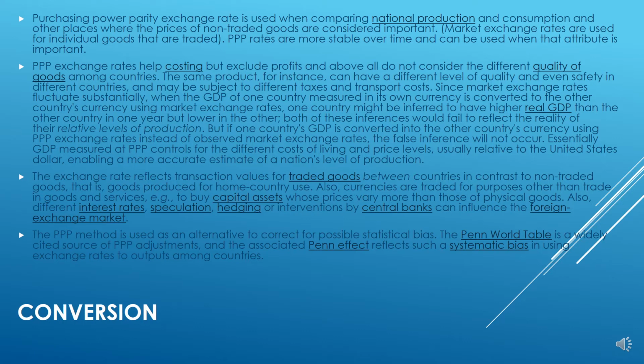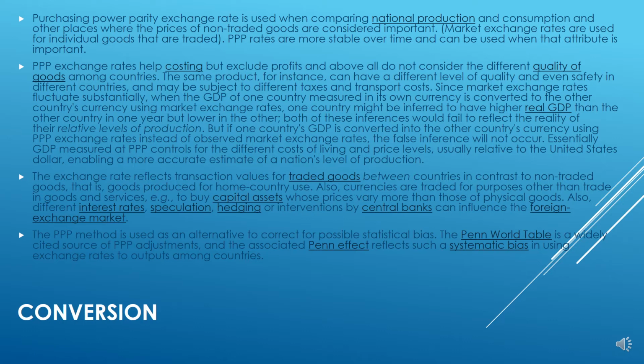Both these inferences would fail to reflect the reality of their relative levels of production. But if one country's gross domestic product is converted into the other country's currency using purchasing power parity exchange rates instead of observed market exchange rates, the false inference will not occur.